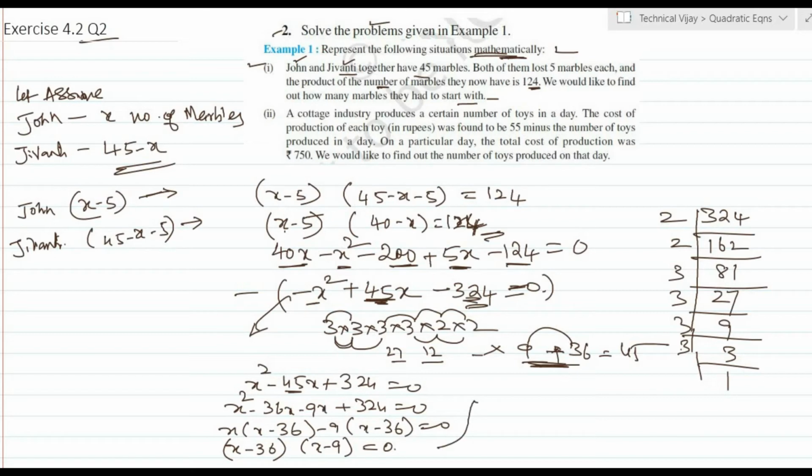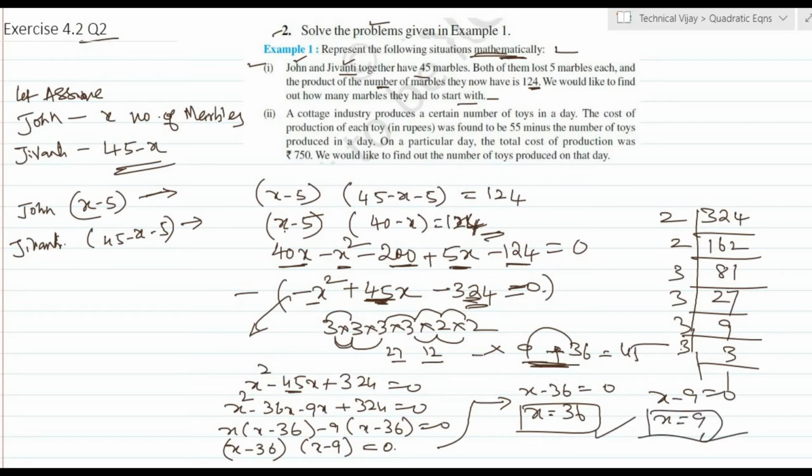To find the roots, we will equate both the terms to 0. x minus 36 equal to 0, x is equal to 36, one of the roots. And one more: x minus 9 equal to 0, so x is equal to 9. This is another root. Here roots mean the values of x. What we have assumed, x as the number of marbles present with John, so we will consider this 36.